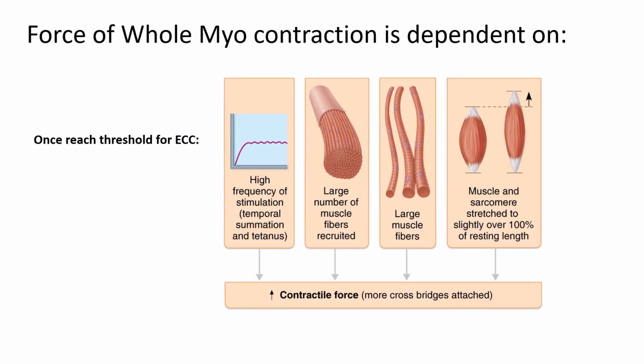So putting this all together with a few additional nuances. Recruitment, that's the number of muscle fibers that are firing simultaneously, and how frequently you're stimulating them are big players. Then on a little bit of a situational thing, how large the individual muscle fibers are. So if you're working out and you're building up your muscles, you actually are developing more and larger muscle fibers with more sarcomere filaments and so forth.